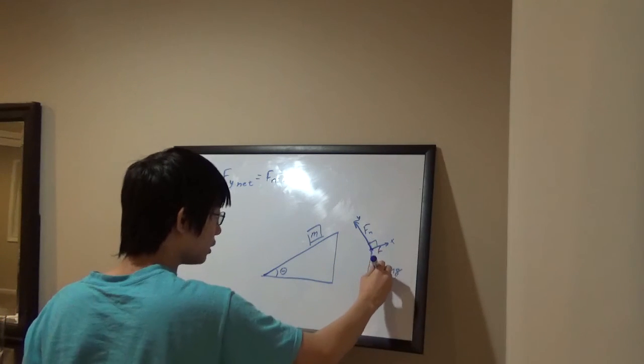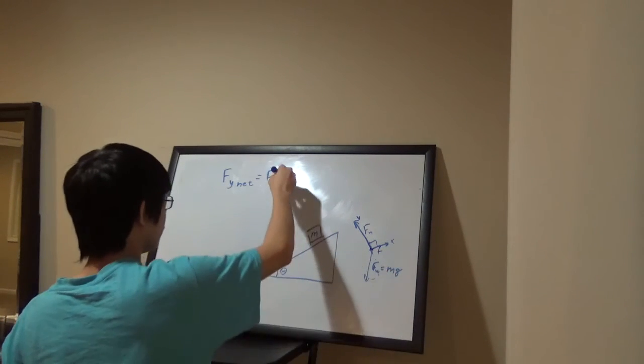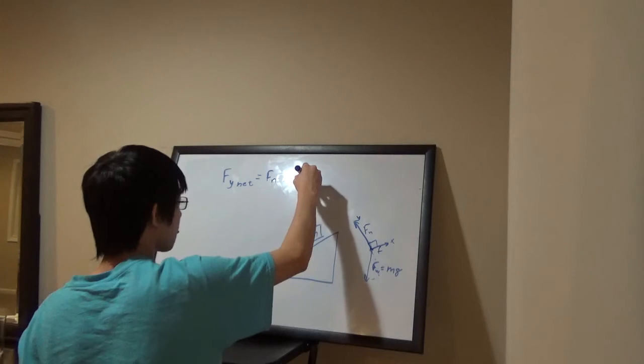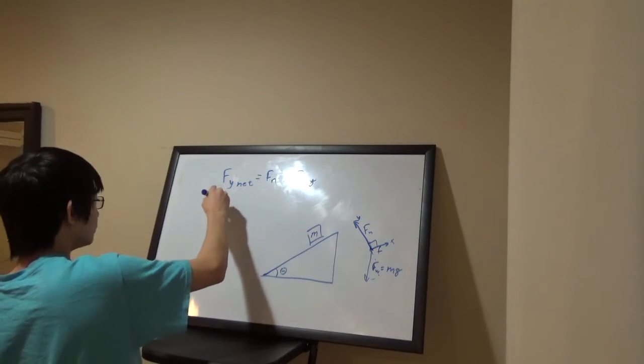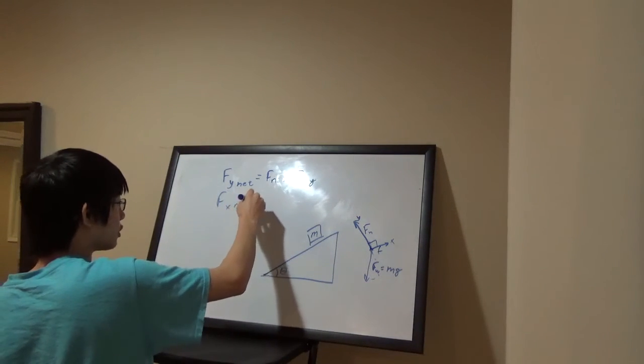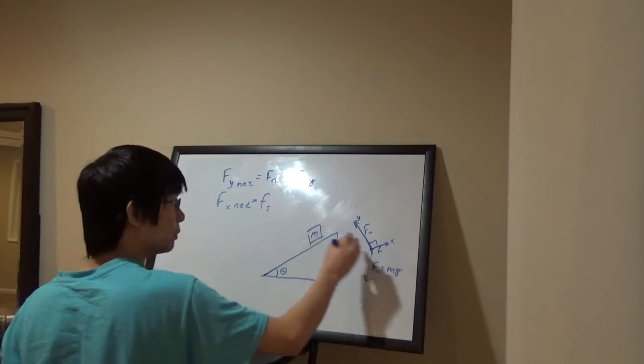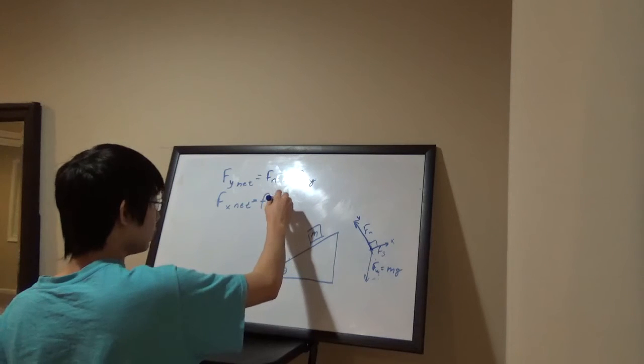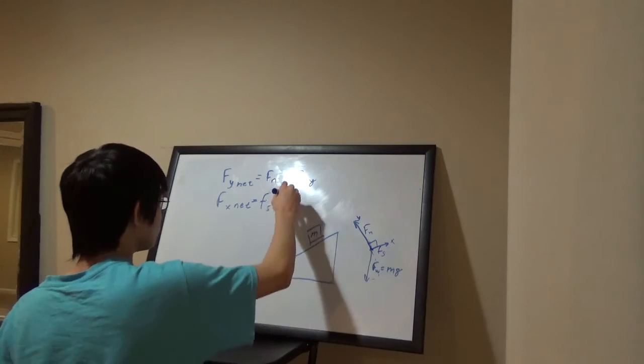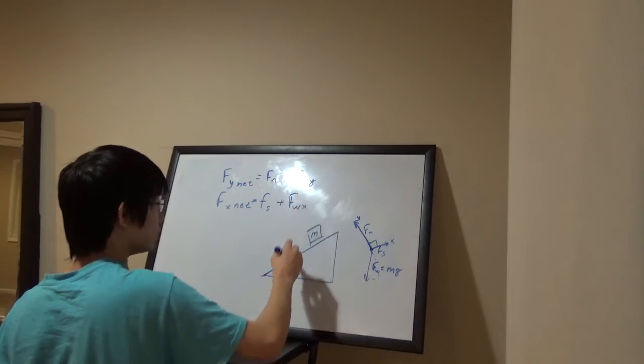We have this component of the weight, which I'm going to call F of wy. We also have, in the x direction, what forces do we have? We have our frictional force, F, and it's static because it's not moving, plus this here, which is F of w in the x direction.